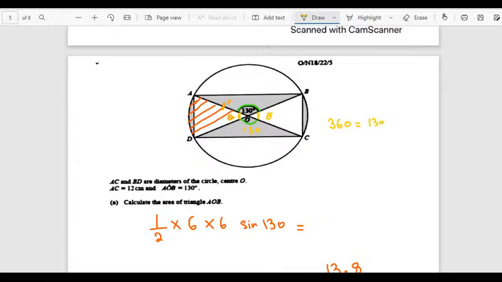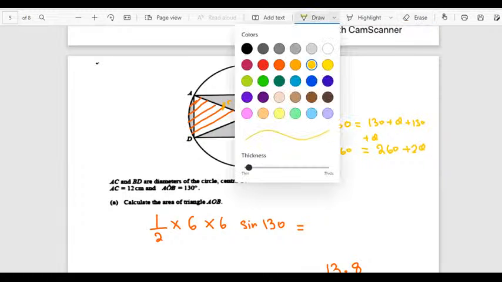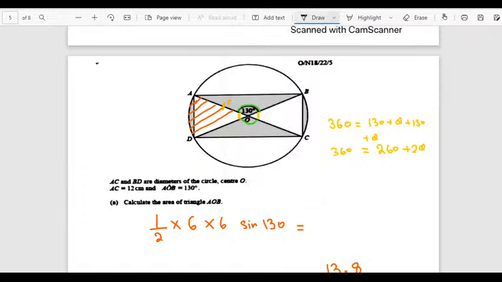We have 130 plus theta plus 130 plus theta, and that is going to give me 260 plus 2 theta, and this equals 360, right? So theta is going to be 50. You just need to simplify this, and this is what you are going to get for theta. Are you okay with this, Turhan? Yes, ma'am. Okay. So it is going to be 50 degrees, okay?